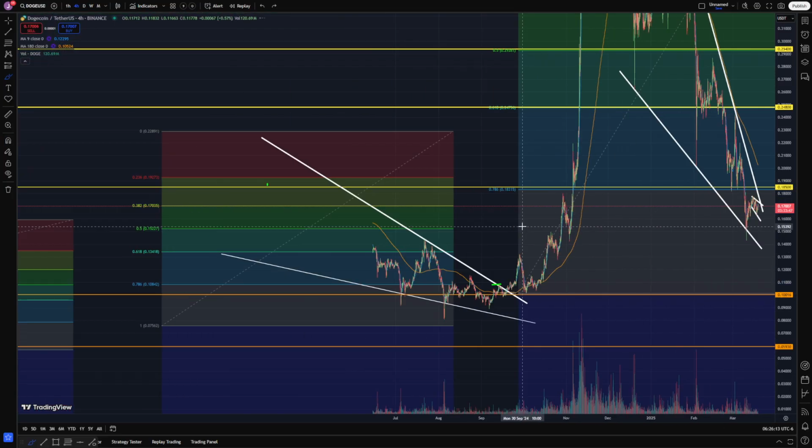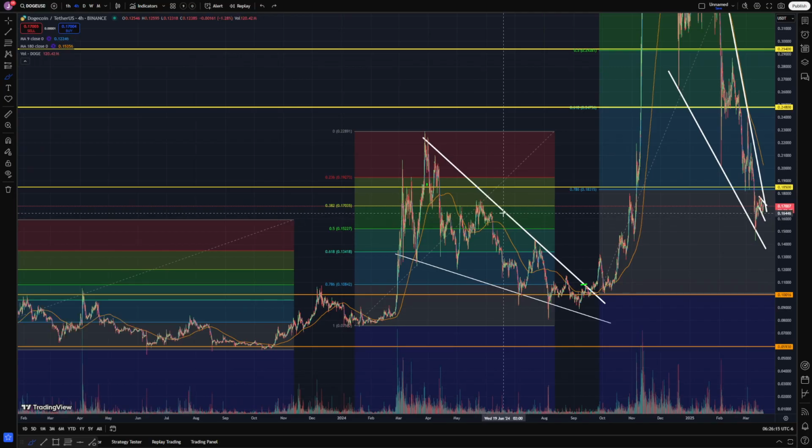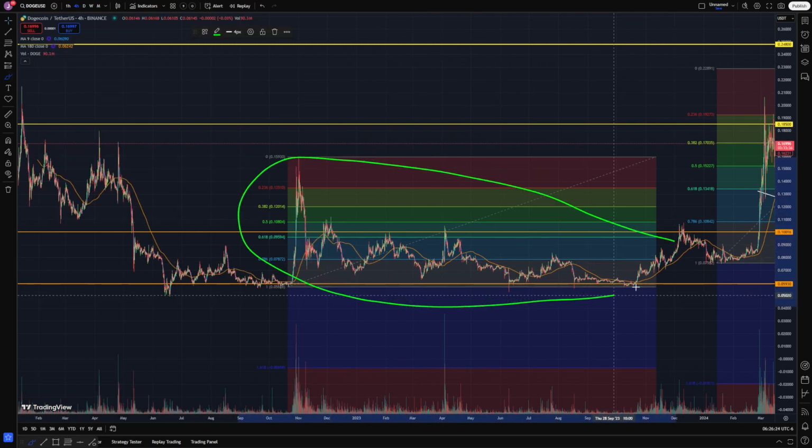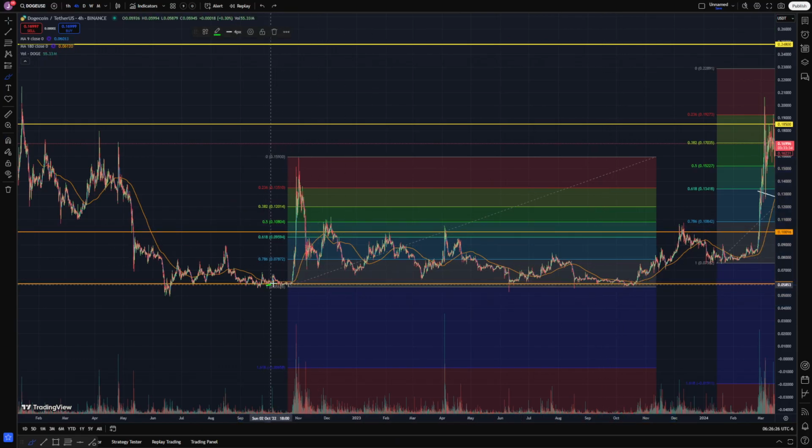I noticed back here when we were in this sideways action that we had this big run to the upside.